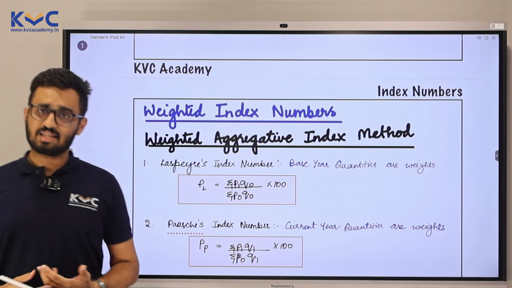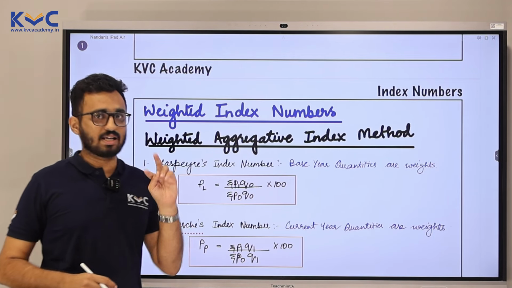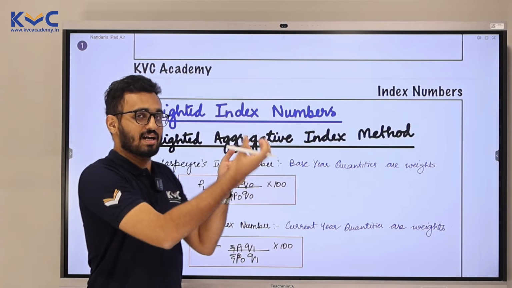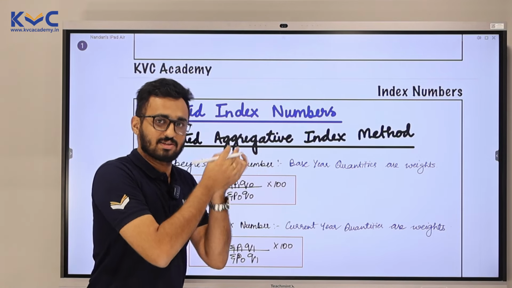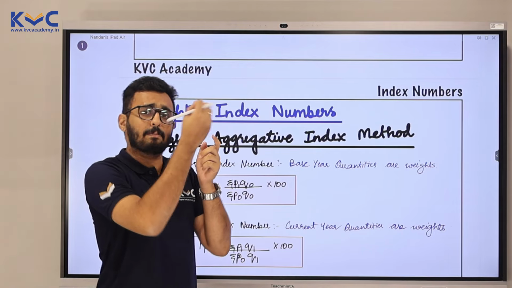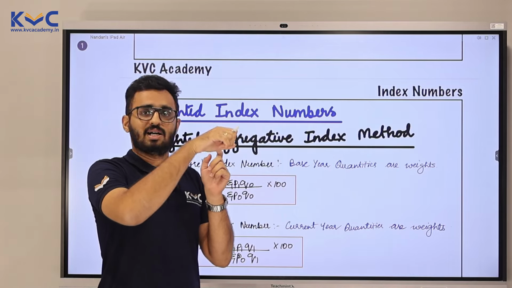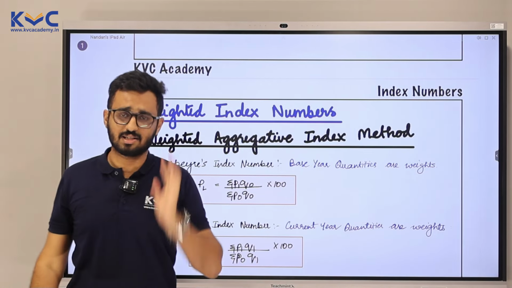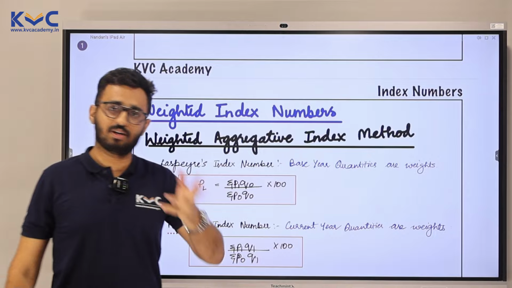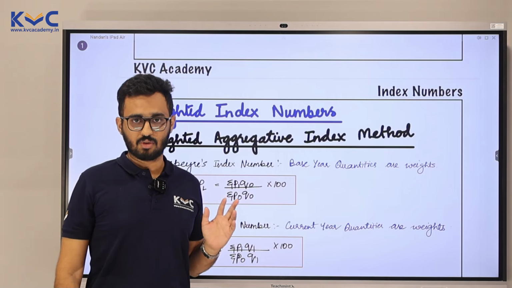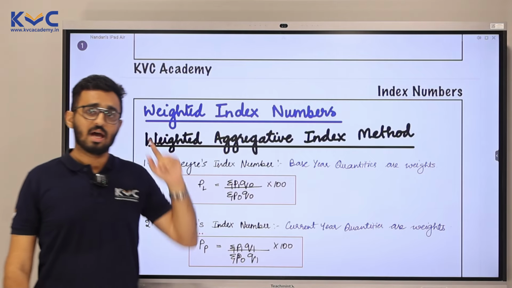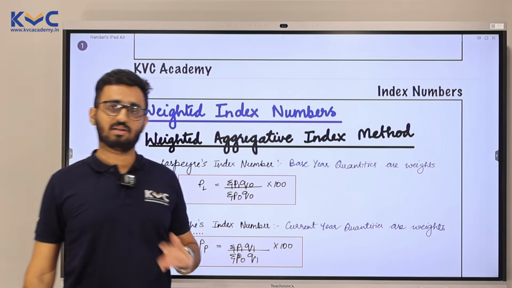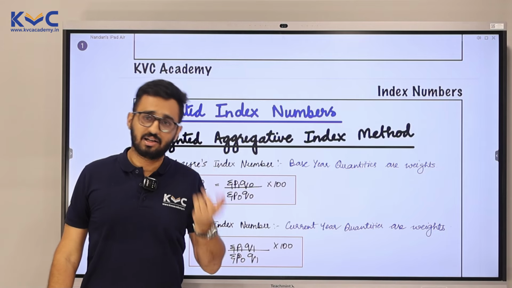Now Paasche's logic is that when we are comparing prices from base year to current year, because we are calculating index for the current year, it makes sense to apply current year's quantities to both the prices when we compare the prices. So that is Paasche's argument. Now who is right, who is wrong, we are not discussing that here. These are two different approaches. Laspeyre says we'll take base year quantities. Paasche's index number says we'll take current year quantities.